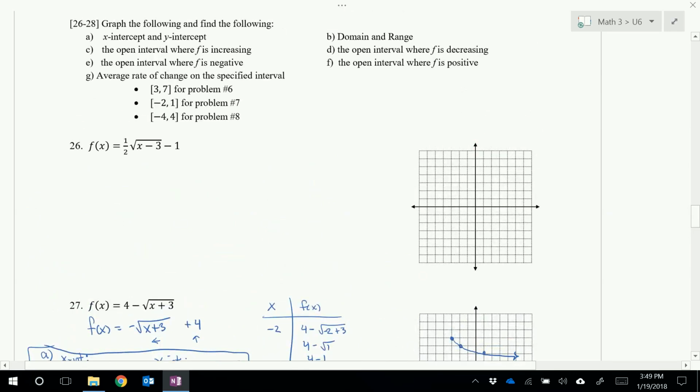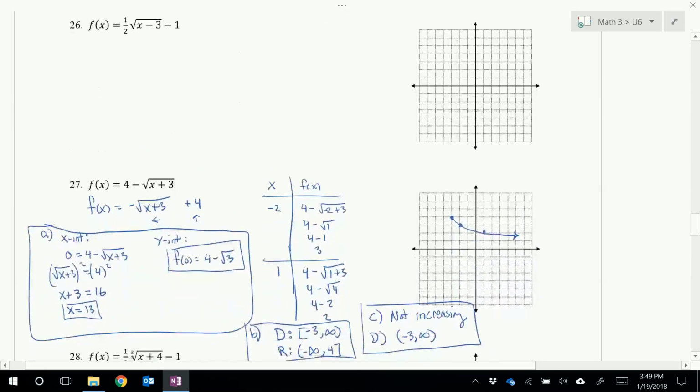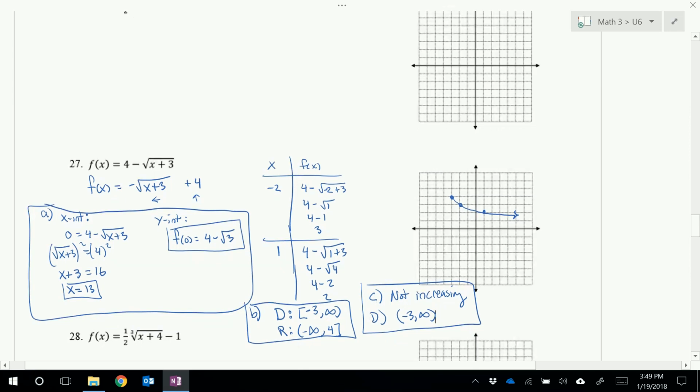Part E, the open interval where f is negative, so that means below the x-axis. In this case, it starts above the x-axis, and when it hits the x-intercept, which is at x equals 13, everything beyond that is below the x-axis, so it's negative from 13 to infinity.